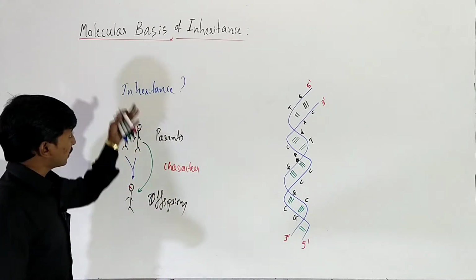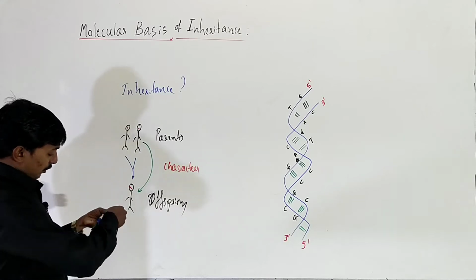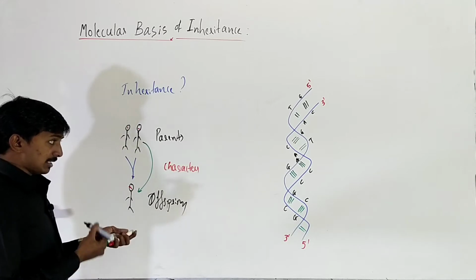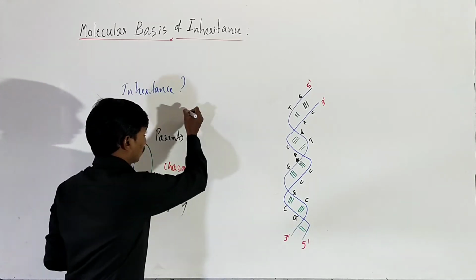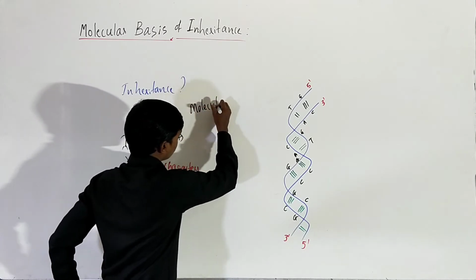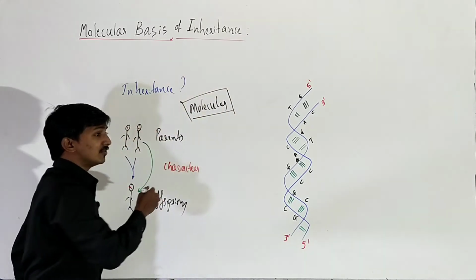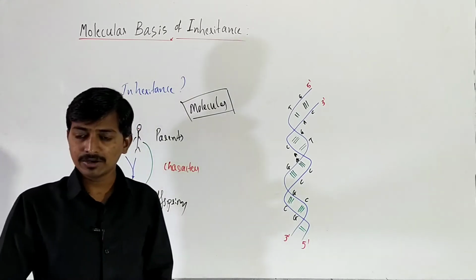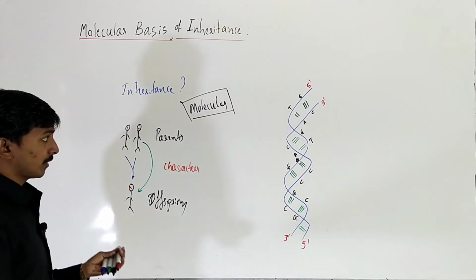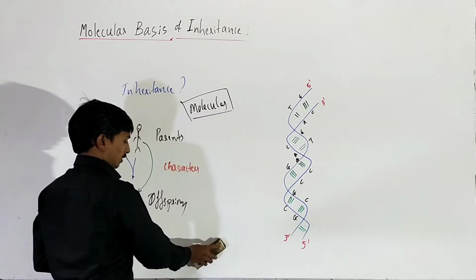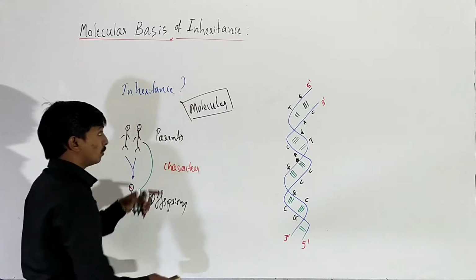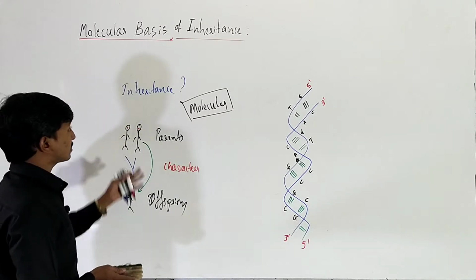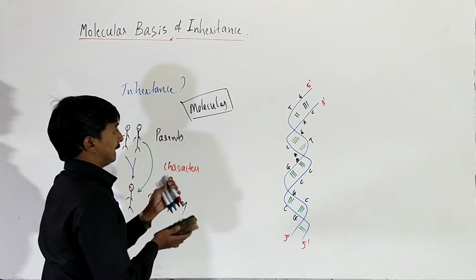Okay, our chapter is meant for studying the molecular basis of inheritance. It means we must understand the molecules which are responsible for this inheritance. In the previous chapter we discussed the pattern of inheritance, but in this class we will study the molecules which are responsible for inheritance. That's why it's called molecular basis of inheritance.